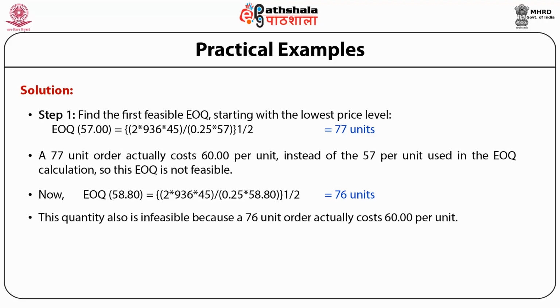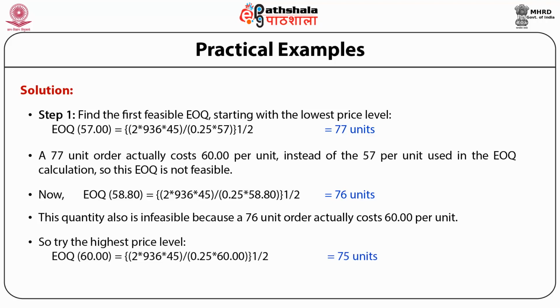This quantity also is infeasible because a 76 unit order actually cost 60 per unit, so try the higher price level.